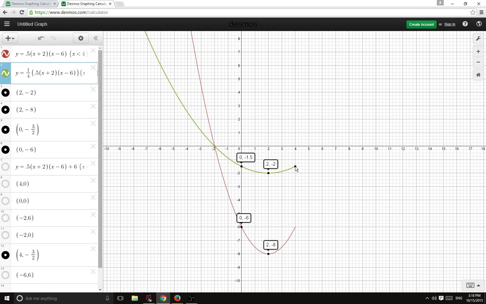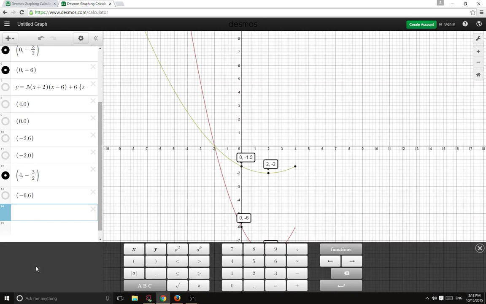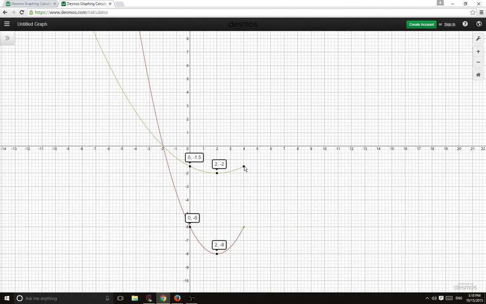That one, and 4, -6. Don't have that one. Put that up real quick. 4, -6. Okay, so what can we notice about these two things?